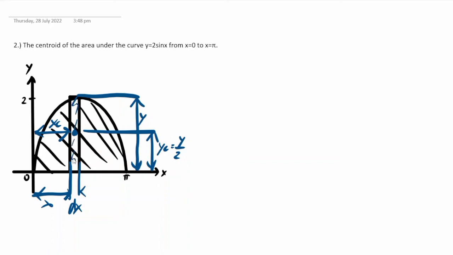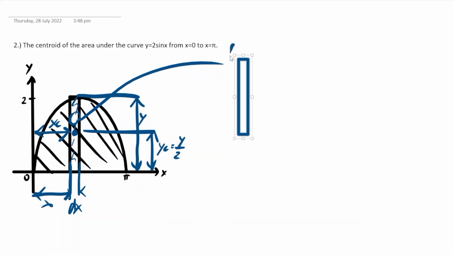Now, first let's bring out this strip here. We have the strip, and then our dx, our y, and the center is here. That is our yc equals to y over 2, with the shaded area as our dA, or differential area.